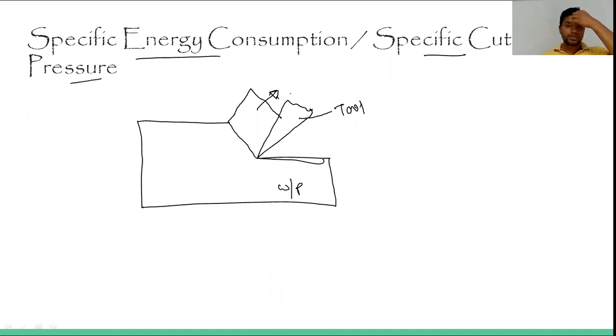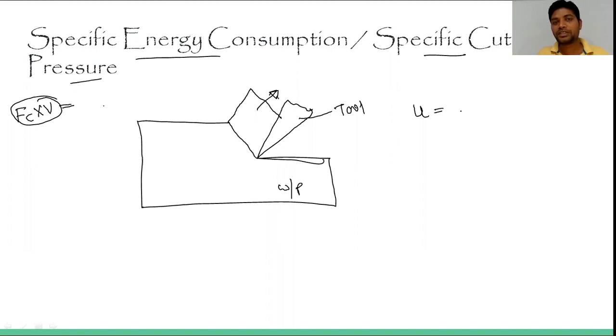Specific energy we are representing with the small u, because it's specific, and that is defined by the total energy consumption. In other terms, I can say that the total energy consumption will be given as Fc into V. This total energy, as per the formula, is distributed in two parts.